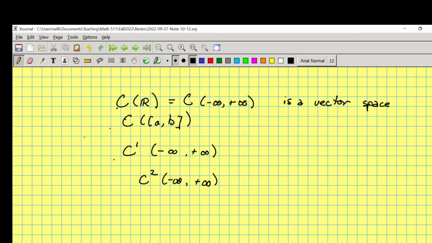So it's a solution to a second order differential equation, and that second derivative is a continuous function. So it's twice continuously differentiable. And these are the three vector spaces we're really interested in. These are the ones that we are using our 21st century technology of computers to solve problems with.